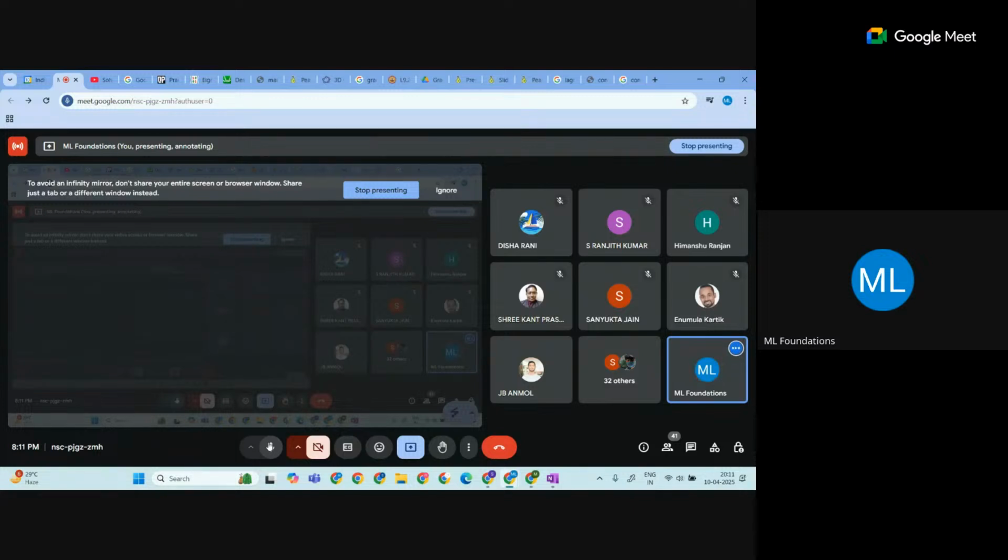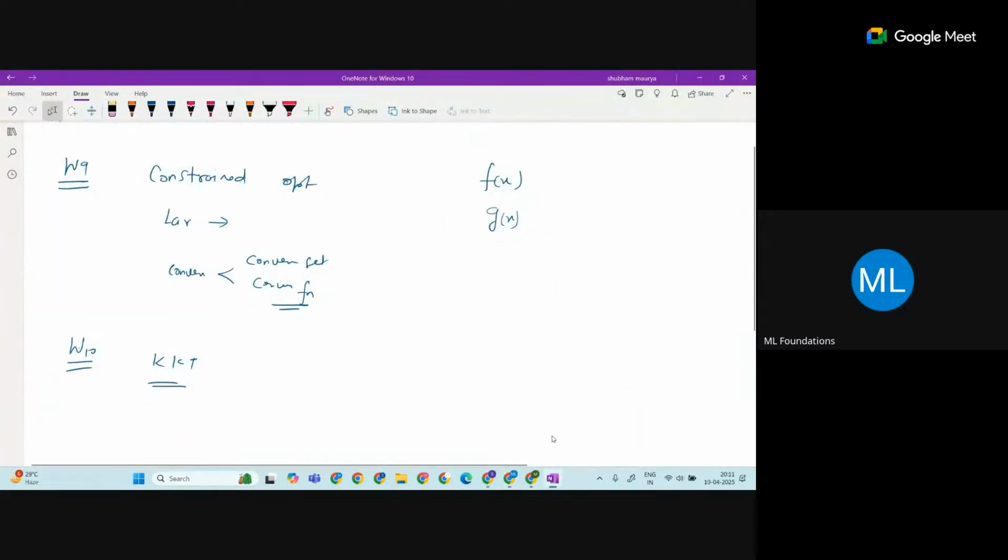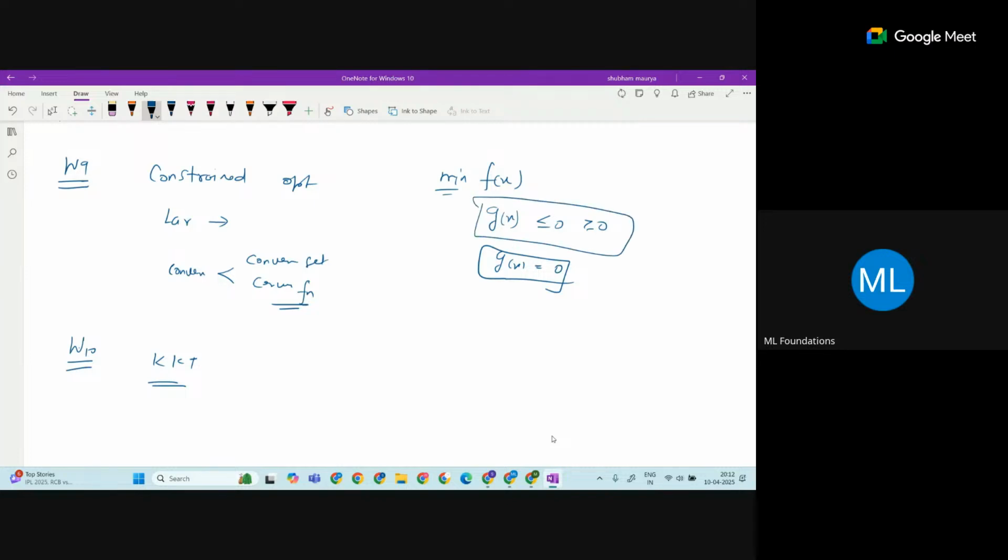It depends on how we get the critical point. Constraints are of two types: inequality, less than or equal to, greater than or equal to, or an equality constraint. We look at them separately.